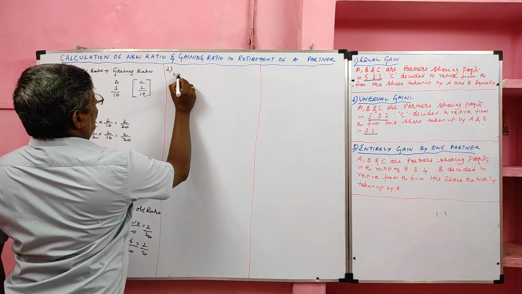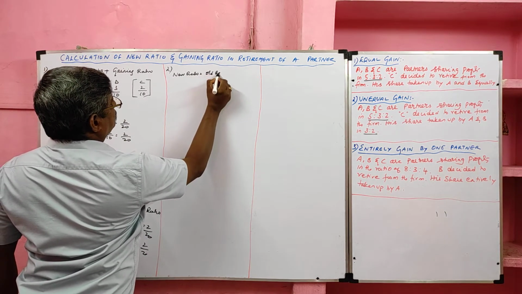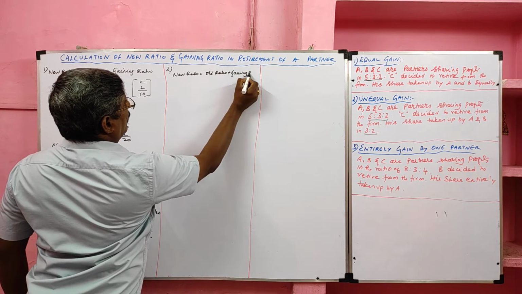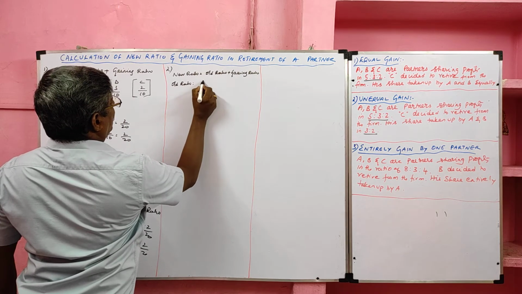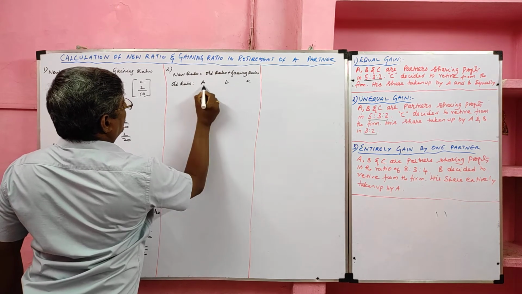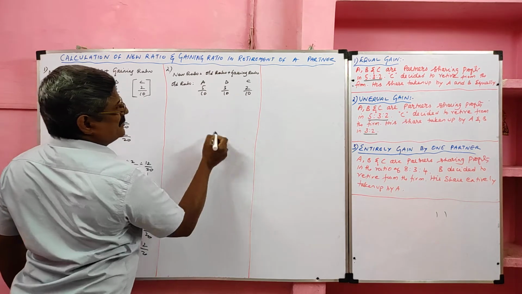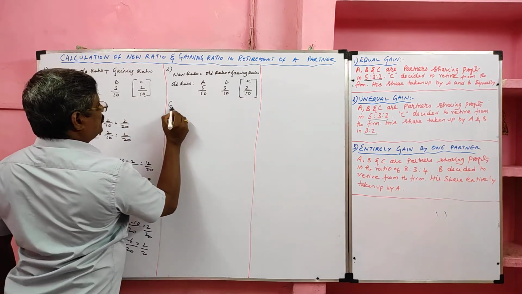New ratio formula, as usual, old ratio plus gaining ratio. Old ratio is given in the question. A, B, C, 5/10, 3/10, 2/10. Who is retiring? C. Now we have to find the gaining ratio.